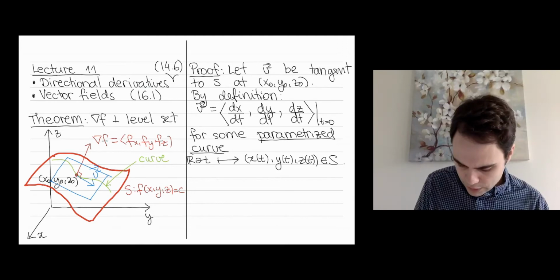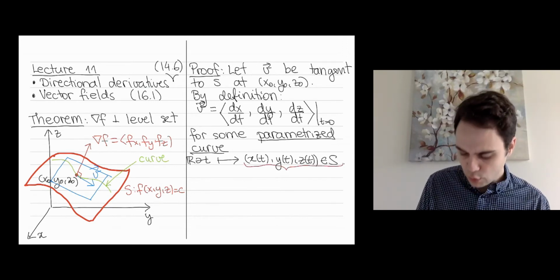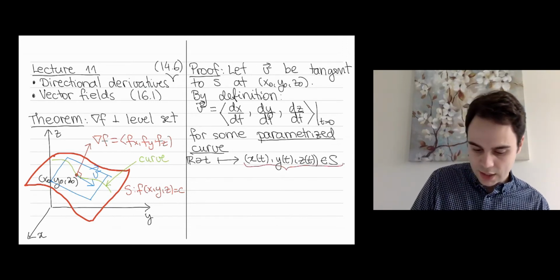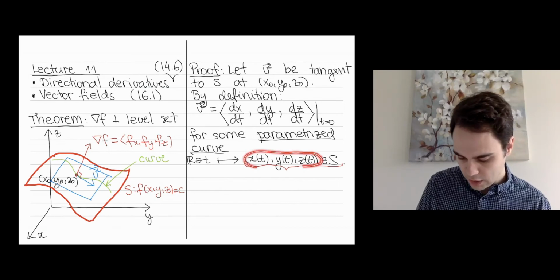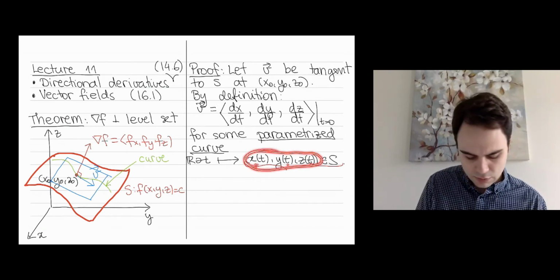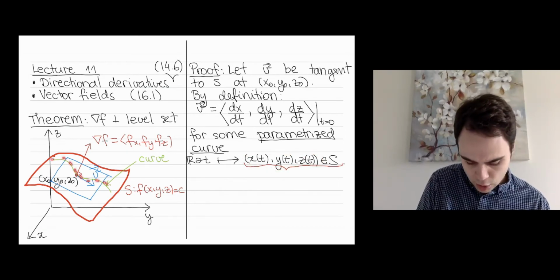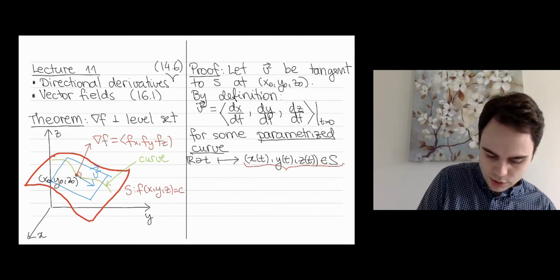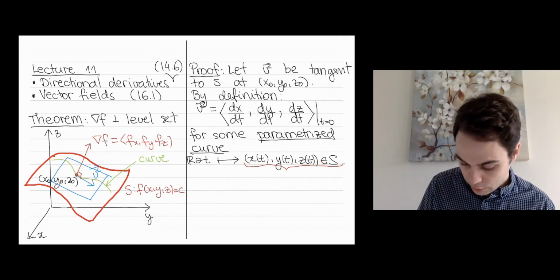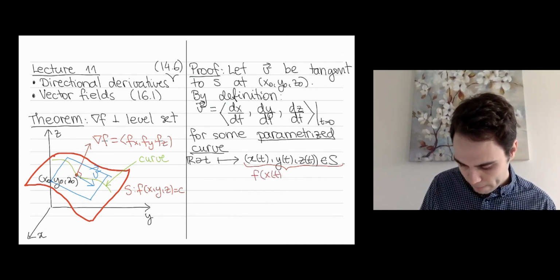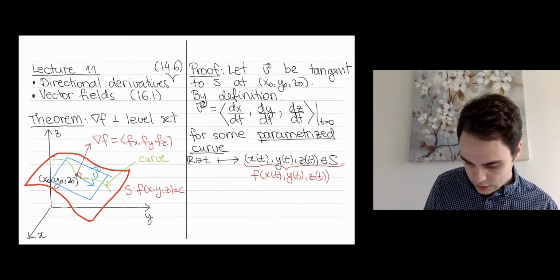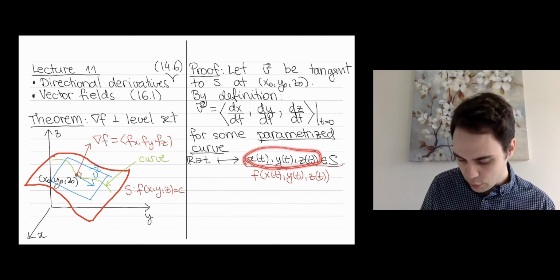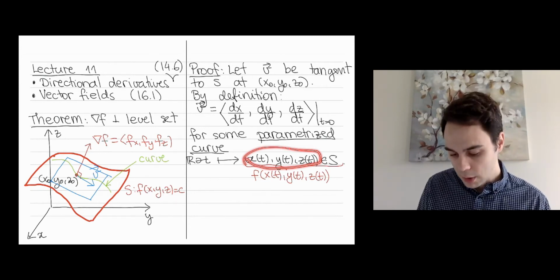Okay, so now let's finish up the proof. To say that all the points x of t, y of t, z of t on the curve belong to the surface is to say that for any value of the parameter t, this point in the curve belongs to the surface.